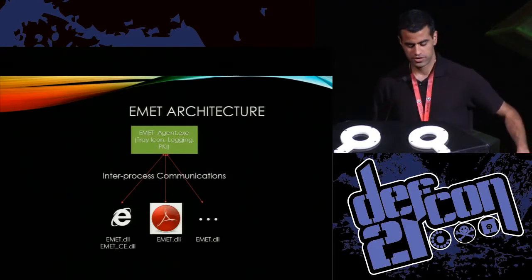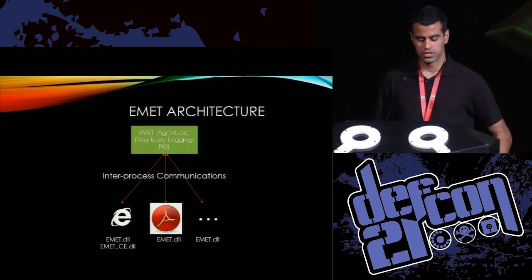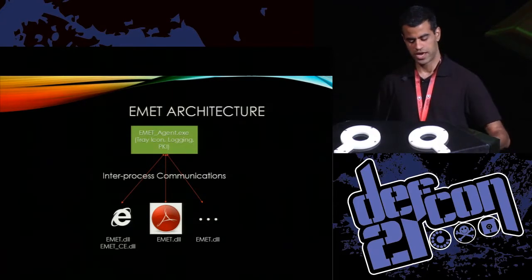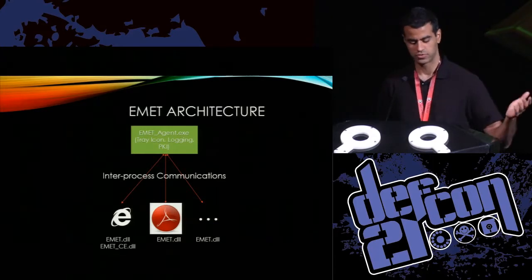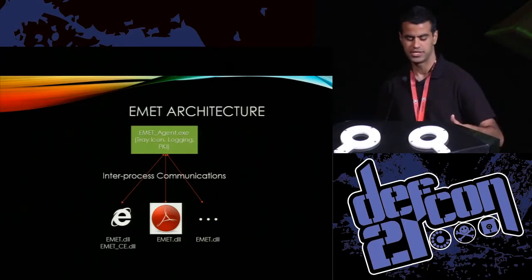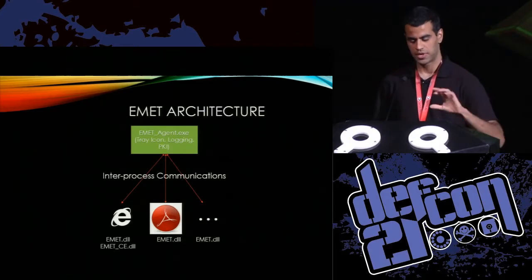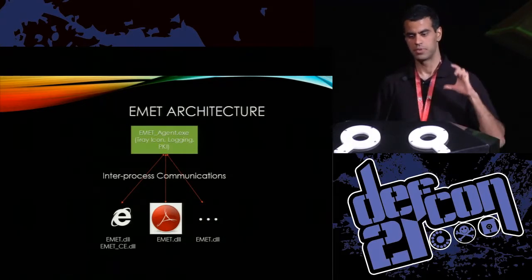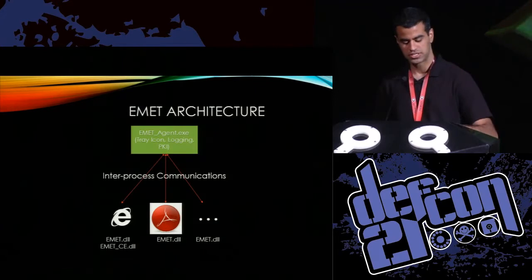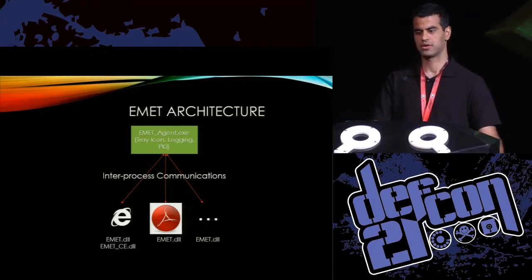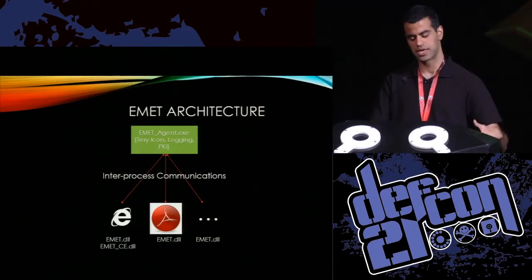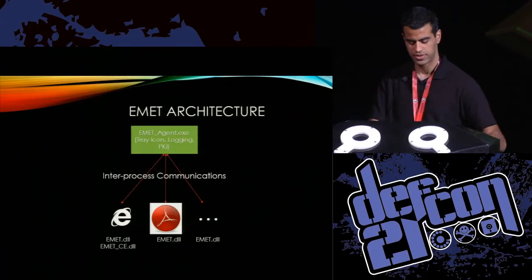Okay, so this is the architecture of EMET. We have the protected processes, like you can see on the bottom, the IE process and Acrobat and whatever else you want to protect. And you see emet.dll loaded into there. Those emet.dll implement the memory corruption mitigations. And as you can see on IE, you see the emetce.dll on the bottom also. That's where we have the PKI mitigation, a part of the PKI mitigation, and I'll go into more detail about that later.